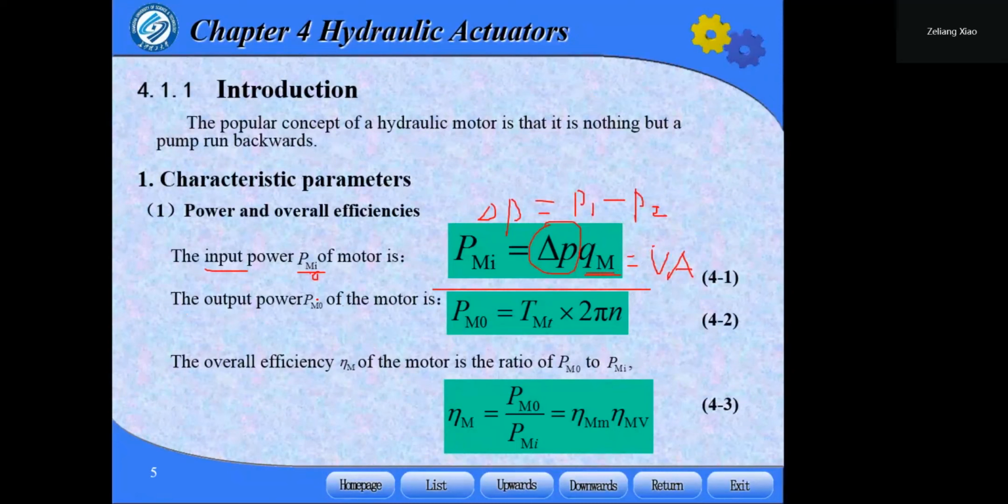And the output power, capital P_MO of the motor, can be calculated by this equation.